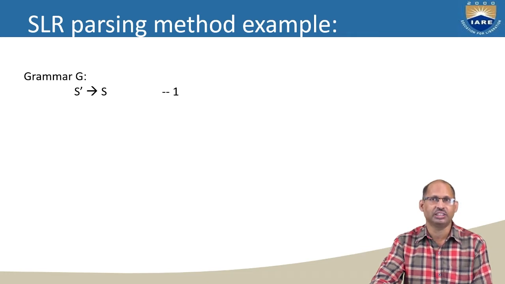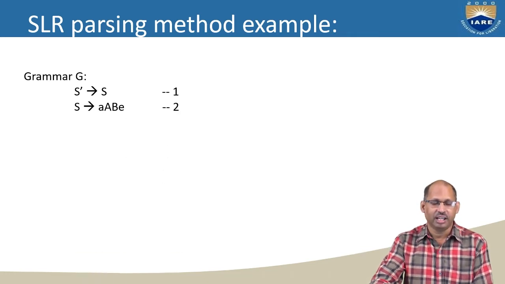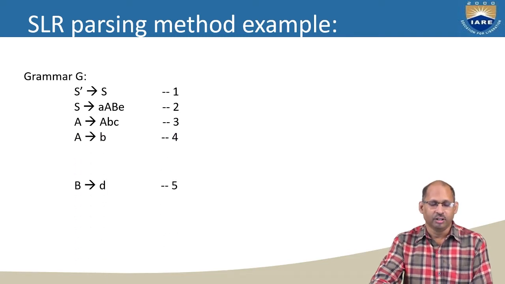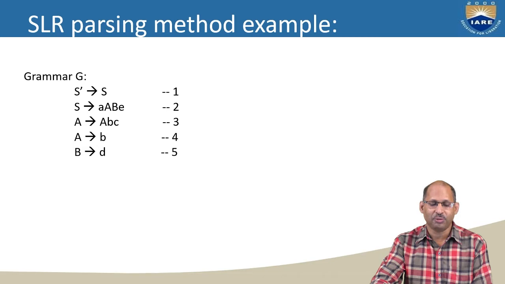Then S → ..., this is the given grammar, with S production, A production, B production.